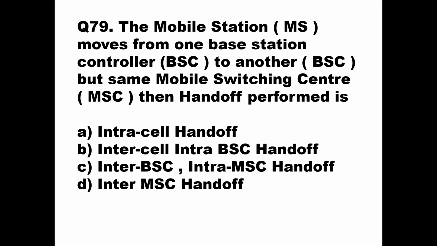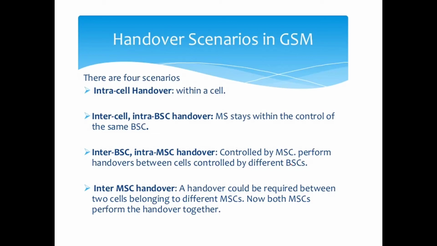Inter-BSC intra-MSC handoff. Okay. So here you can see there are four scenarios: intra-cell handover within a cell, inter-cell intra-BSC handover where the mobile station stays within the control of the same BSC. Then we have inter-BSC intra-MSC handover where it is controlled by the MSC, which performs handovers between cells controlled by different BSCs.